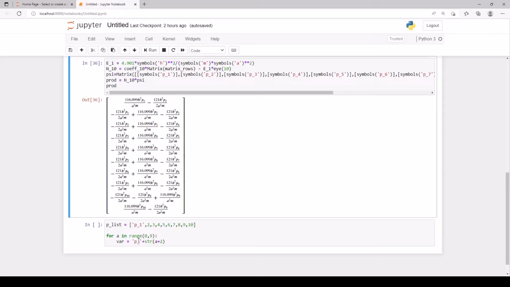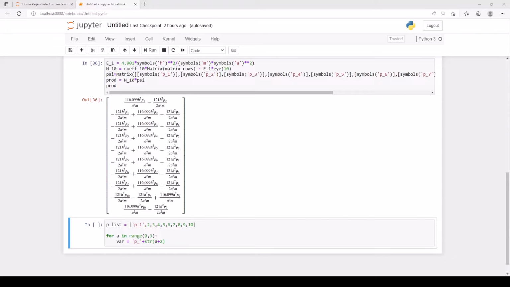So the way I define it is P plus the string of A plus 2. That way, it starts at P2, and this range goes from 0 to 8, because it ends right before this end term. So this range is going to call A for A equals 0, 1, 2, 3, 4, 5, 6, 7, and 8. Because of that, my variable is going to solve from 2 all the way to 10. So P10 is my final one, so that's why I'm doing it this way.